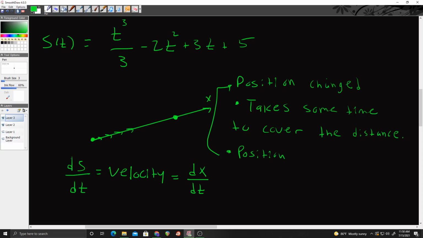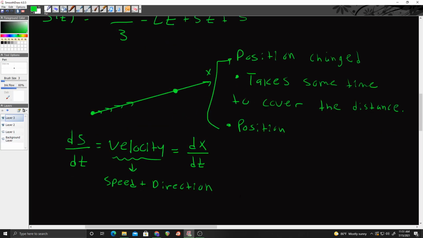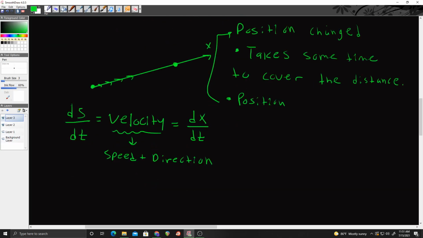Now, velocity is literally two things. It's speed plus direction. And if we were working with two-dimensional problems, there would be a huge distinction between velocity and speed. In one dimension, your directions are very limited.